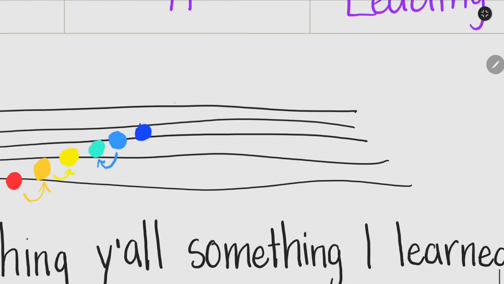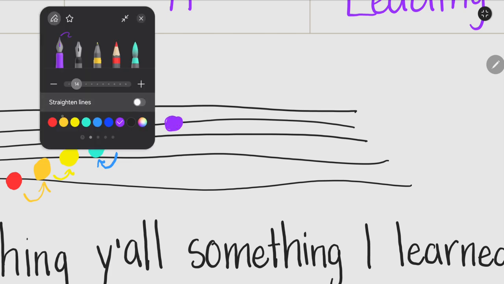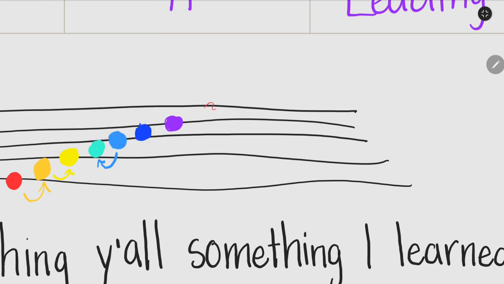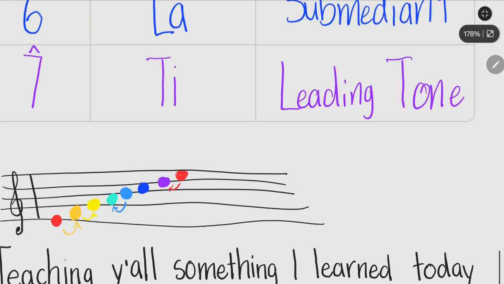So if we were to put it like right here, it's the tone right before the tonic, because if we were to start it over again, it goes back to 1. And you see how it's right before the tonic? So it's do, re, mi, fa, sol, la, ti, do. So T is our leading tone. It leads to our tonic.